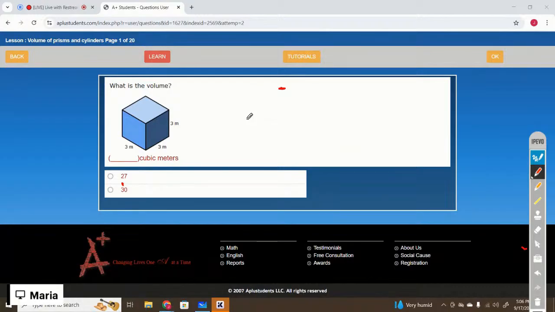The volume of the cube is side times side times side. That is 3 times 3 times 3. 3 times 3 is 9 and 9 times 3 is 27. So option number 1 is the correct option. That is 27.